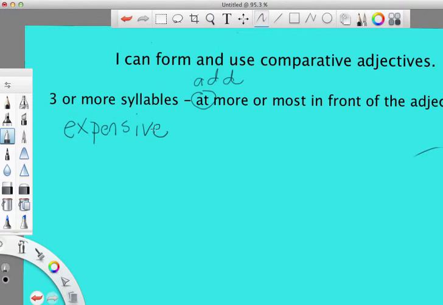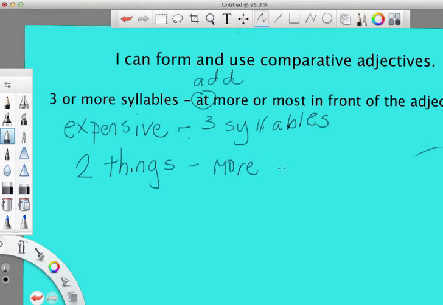There are three syllables in this word. So when it has three syllables, if you are comparing two things, you're going to say more expensive.